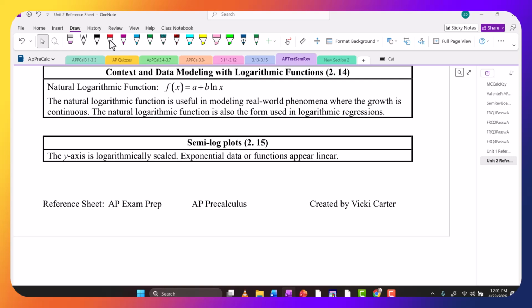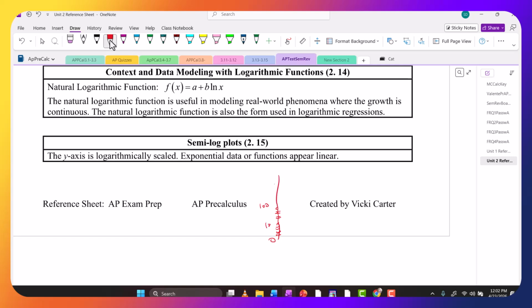All right, and then semi-log plots. It's logarithmically scaled. So remember that 0 to 10 goes up by 1s. Then the next ones go up to 100, if you remember, so the next lines go up by 10s: 10, 20, 30, 40, 50, 60, 70, up to 100.